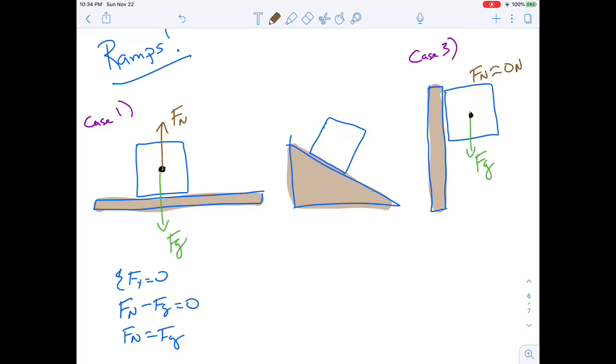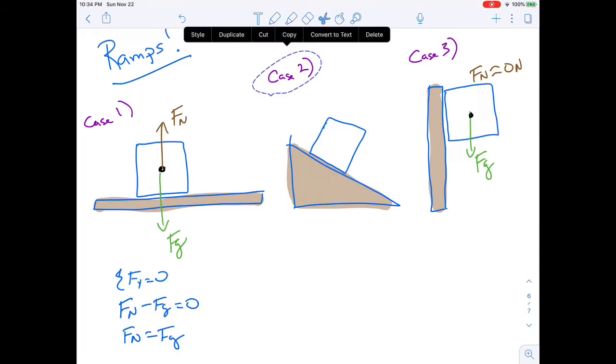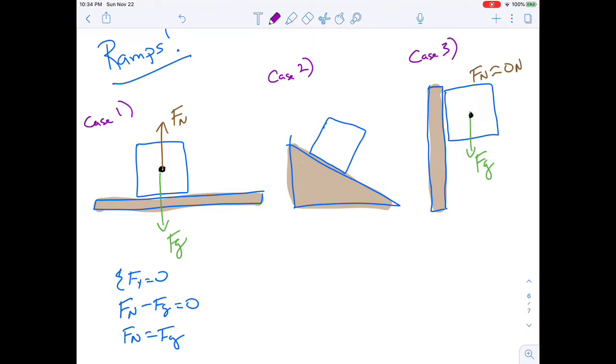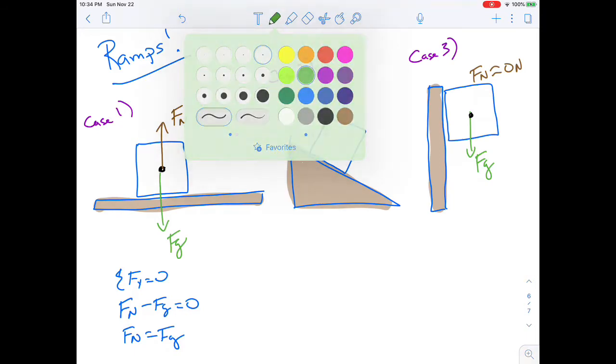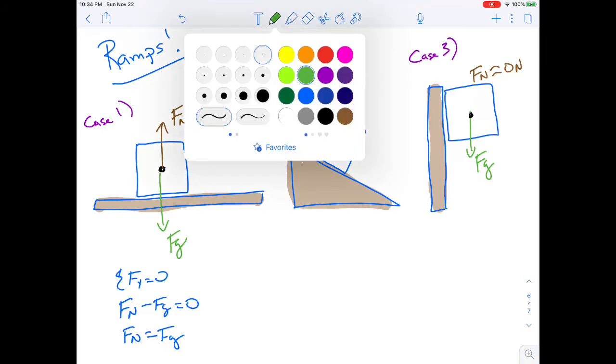Now, in case two, in a ramp situation, we're kind of in between here. Again, gravity is acting on us, but gravity always acts straight down.